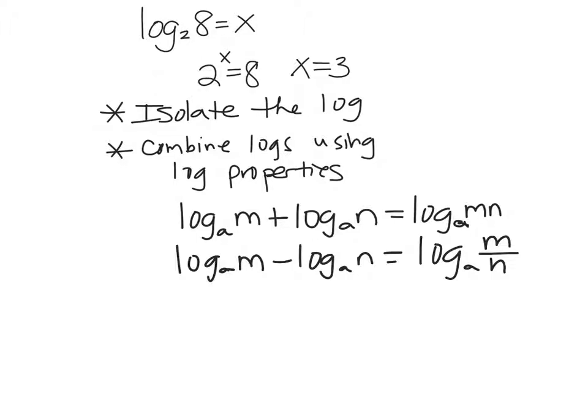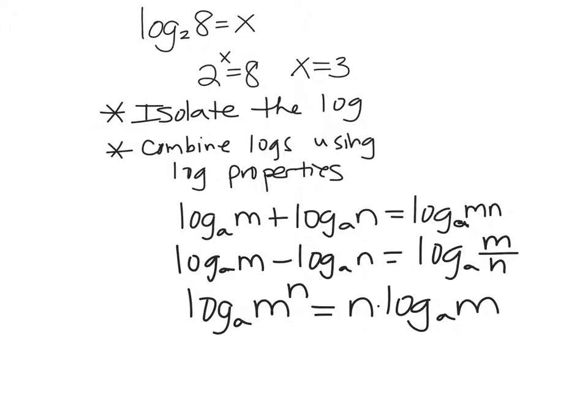And then the last one, which is the one that we use the most often, is log base a of m to the n, and that's equal to n times log base a of m. So there's only 3. Remember, addition of logs is multiplication, subtracting is division, and a power to a power is multiplication.